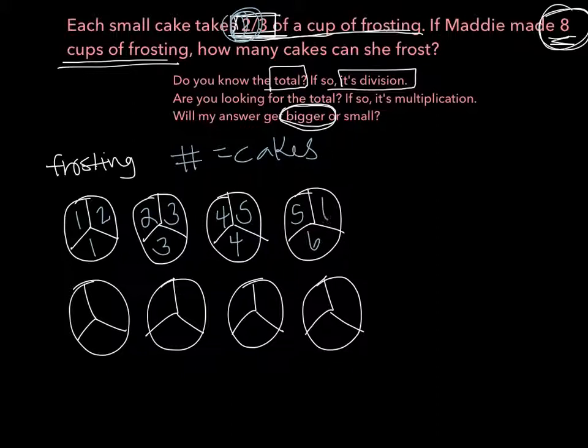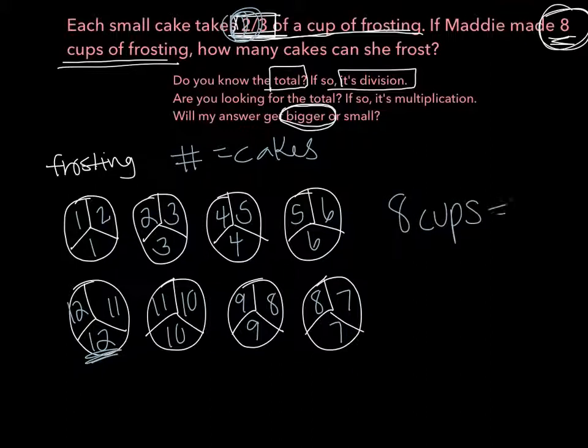And so on and so forth. Now that I've filled in all 8 cups of frosting, I've used up all of the frosting, and I arrived at number 12. So 8 cups of frosting will make 12 cakes.